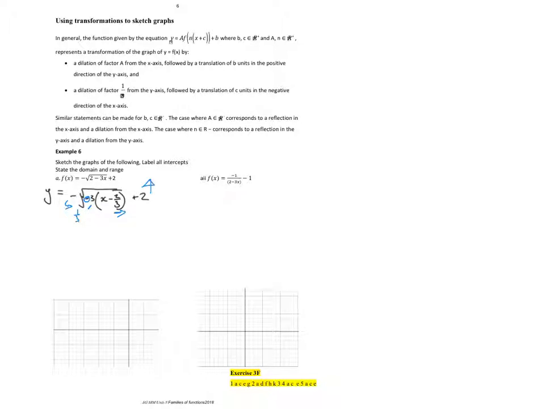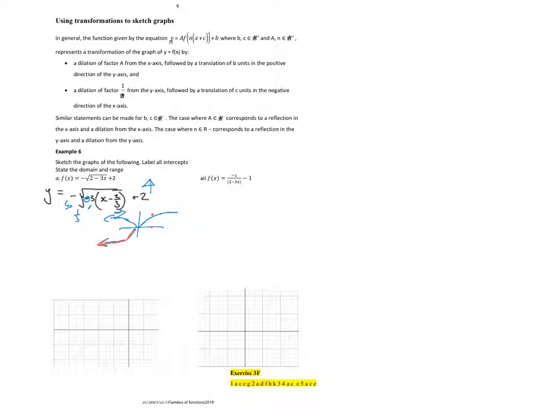So we know the basic shape of our square root graph is that. Okay, so let's have a think. So we know one reflection takes it that way, another reflection takes it that way. So there's our two reflections. Now we've got to shift it 2/3 across and 2 units up.